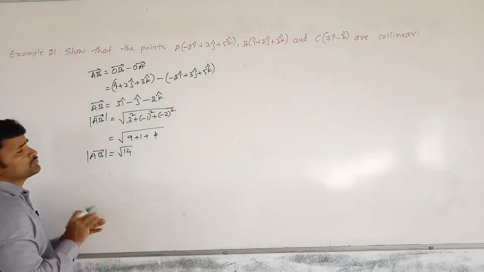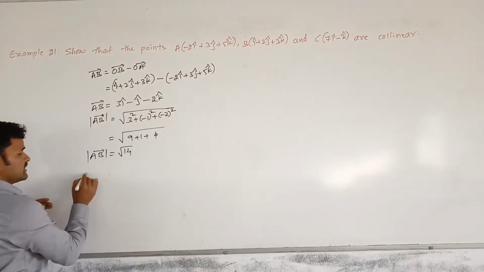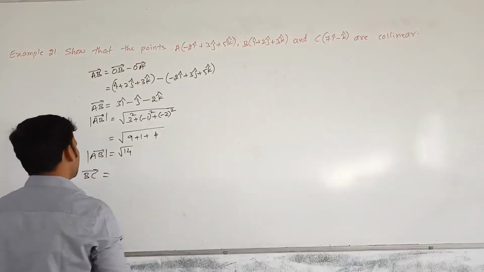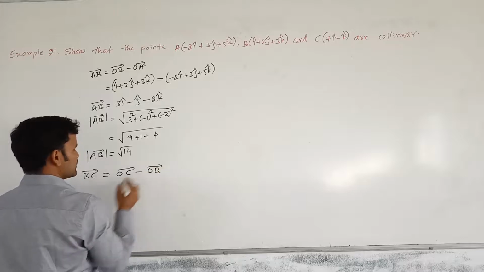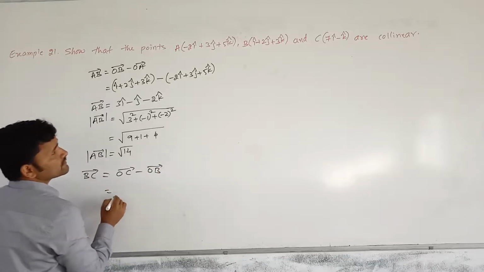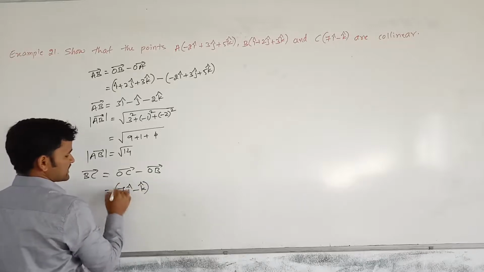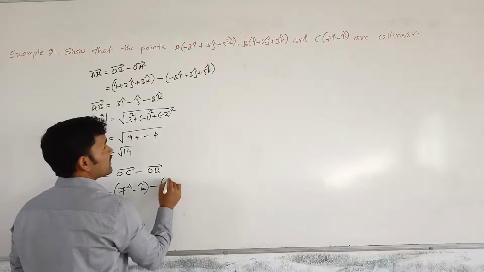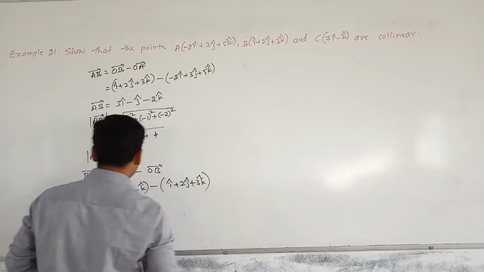Next, to find the length BC, let us find vector BC first. Vector BC is a vector joining two points B and C. This is nothing but vector OC minus vector OB. OC is 7i minus k, minus vector OB, which is i plus 2j plus 3k.